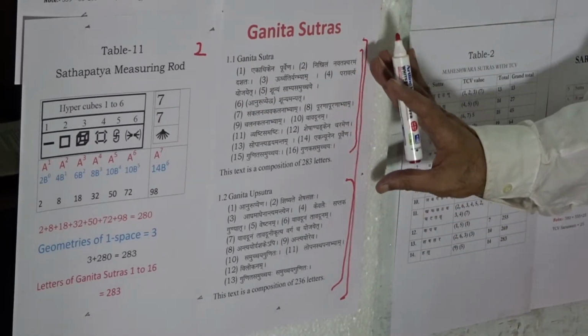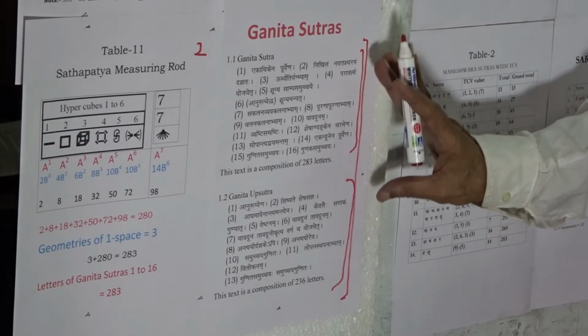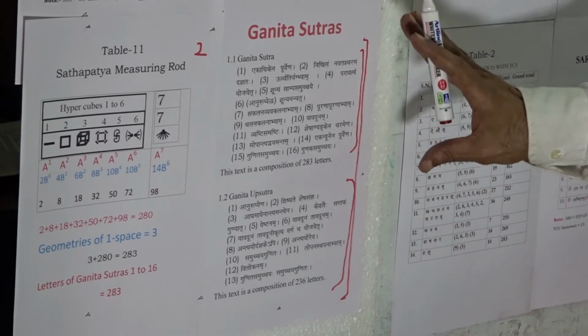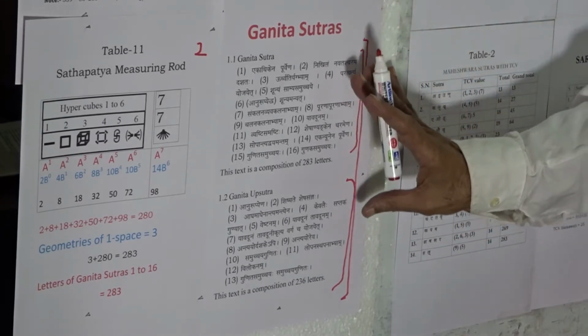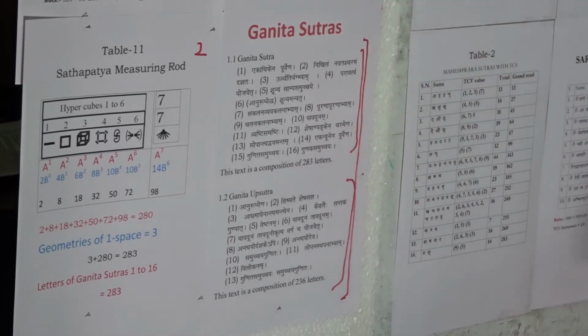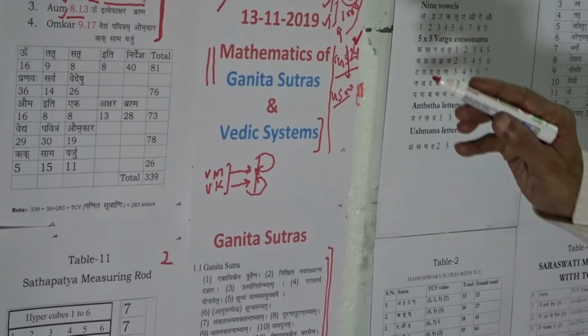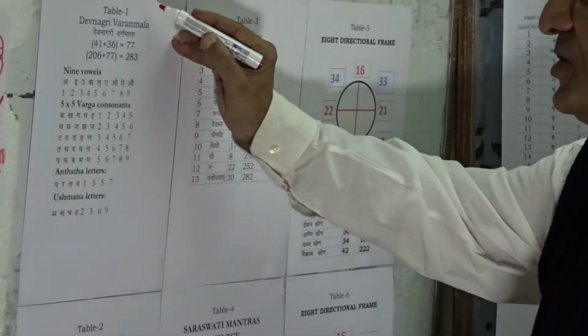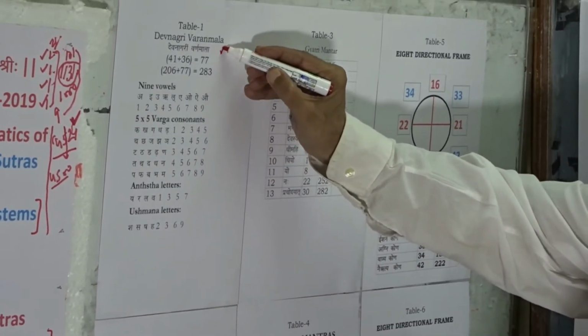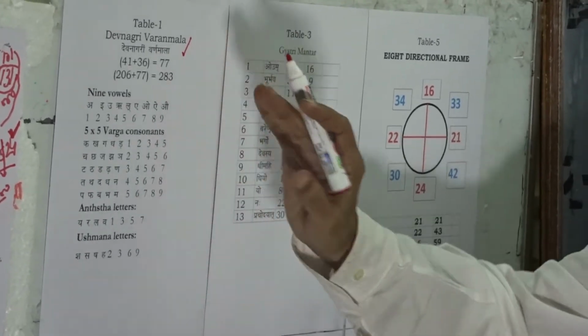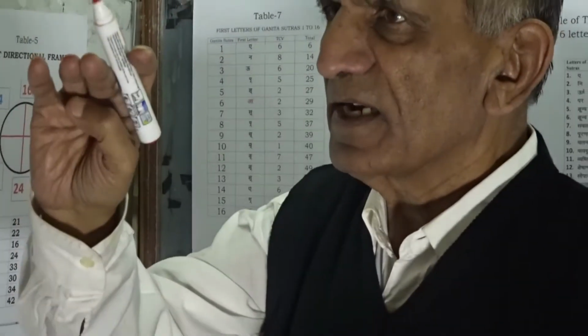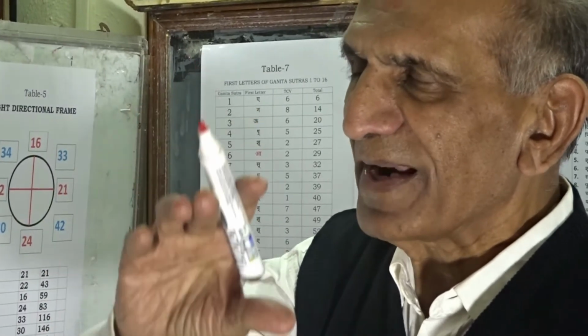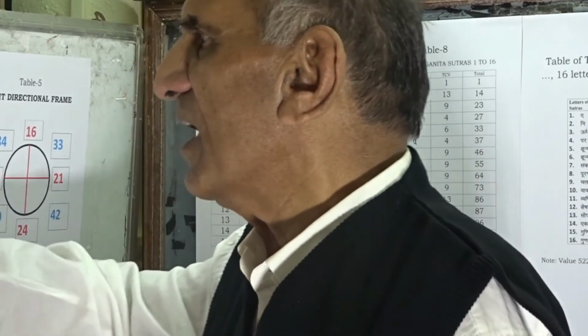of the text of the Ganita Sutras, the mathematics of Ganita Sutras, the organization, features, values and format of the Ganita Sutras. Even prior to this pair of tests, we have to reach at a Devanagari Varnamala format as the Vedic knowledge, organized Vedic knowledge, grammarized Vedic Samhitas are availing Devanagari Varnamala.